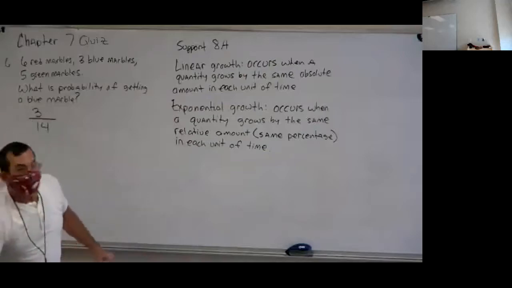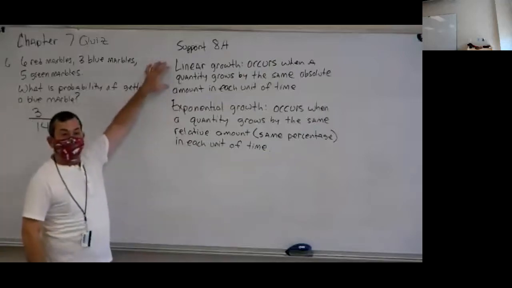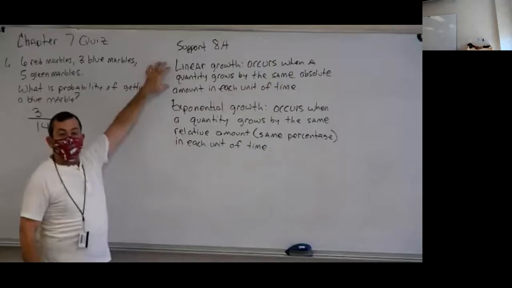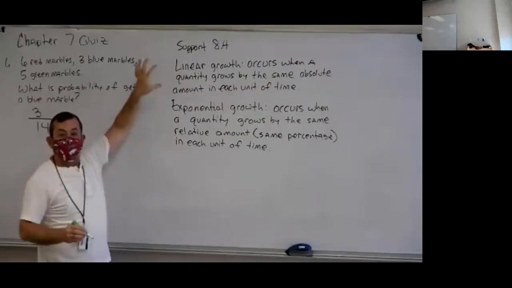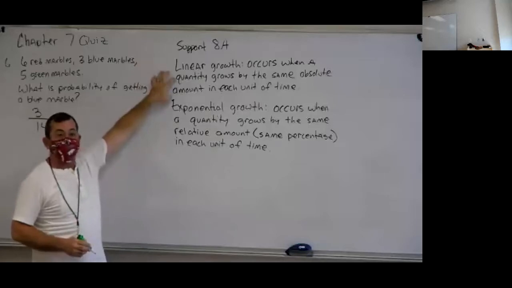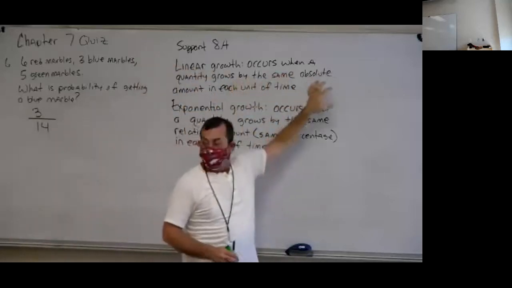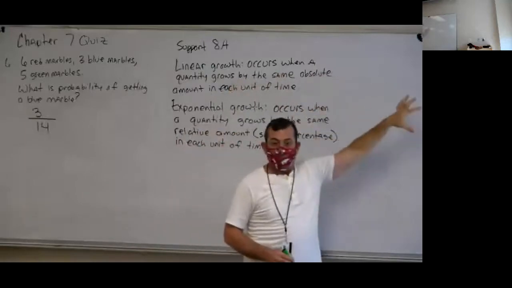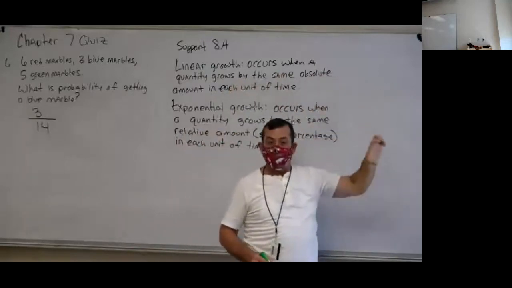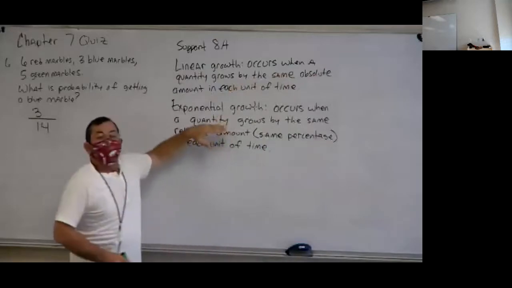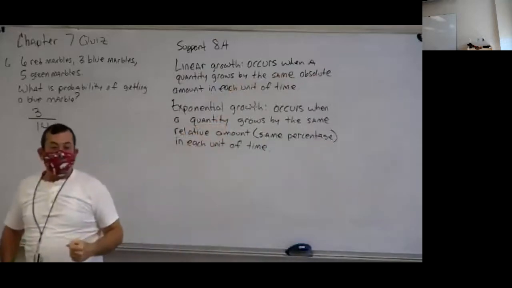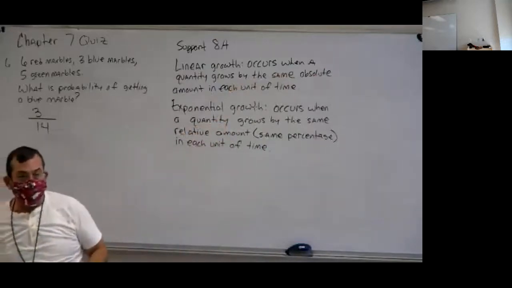So let me explain the difference. Linear, it goes up by the same amount each year. So if it increased $10 in year one, it's going to increase $10 in year two, $10 in year three, and so on. It's always going to increase by $10. Exponential increases by percentages.